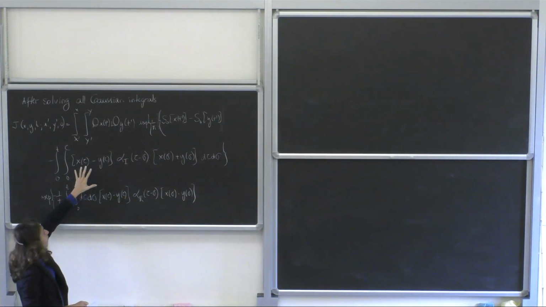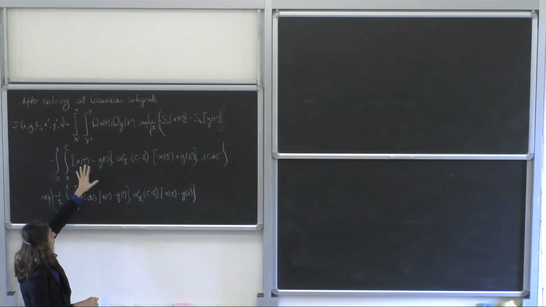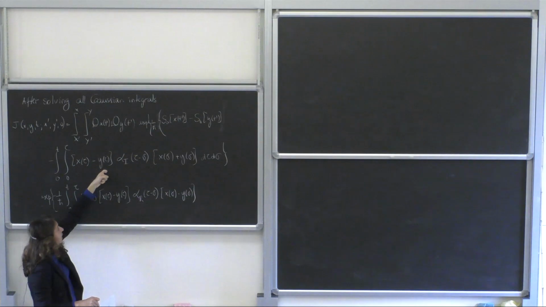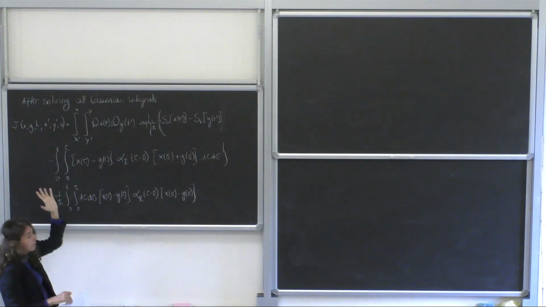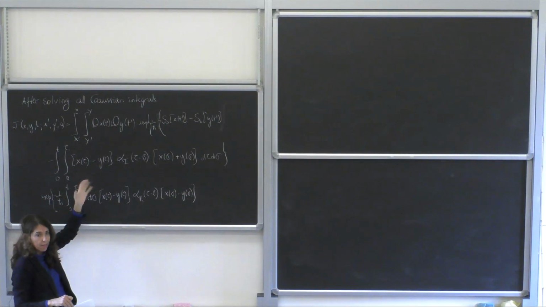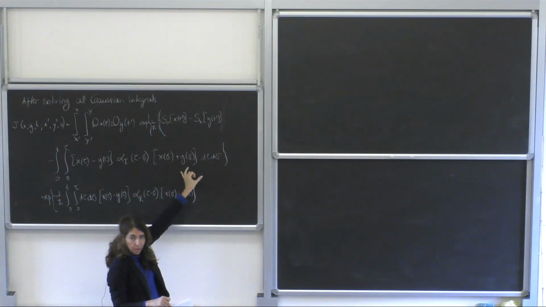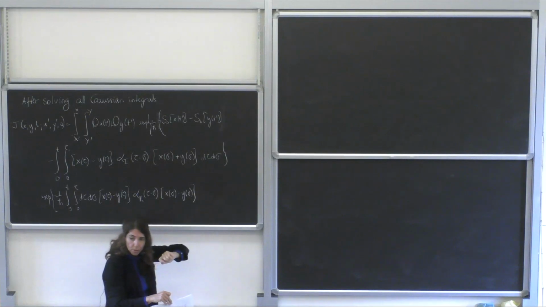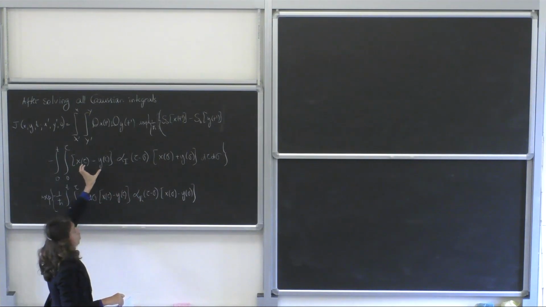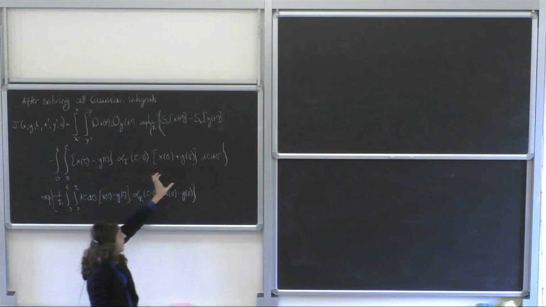This part came from the interaction of the reservoir with the particle. I have x minus y. You see, it's quite easy to understand. It's going to depend on differences and sums of the backward and forward trajectories at two different times, tau and sigma.